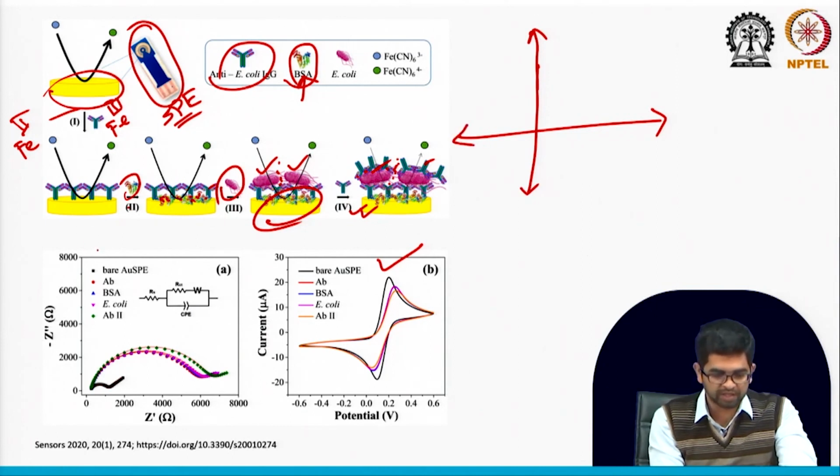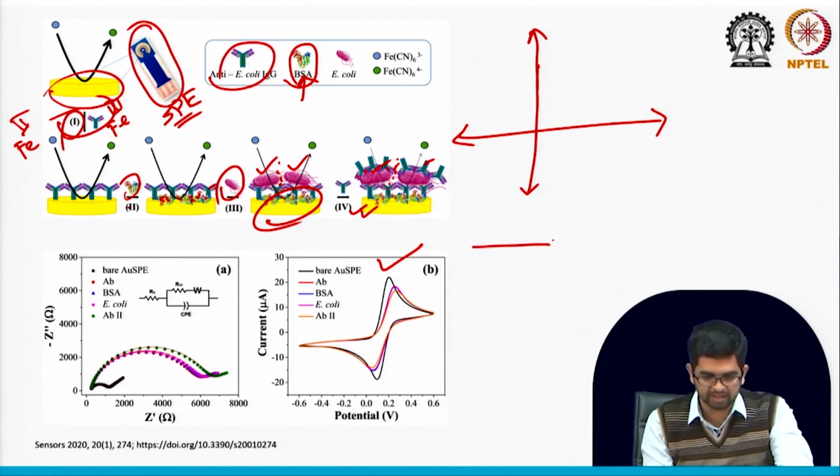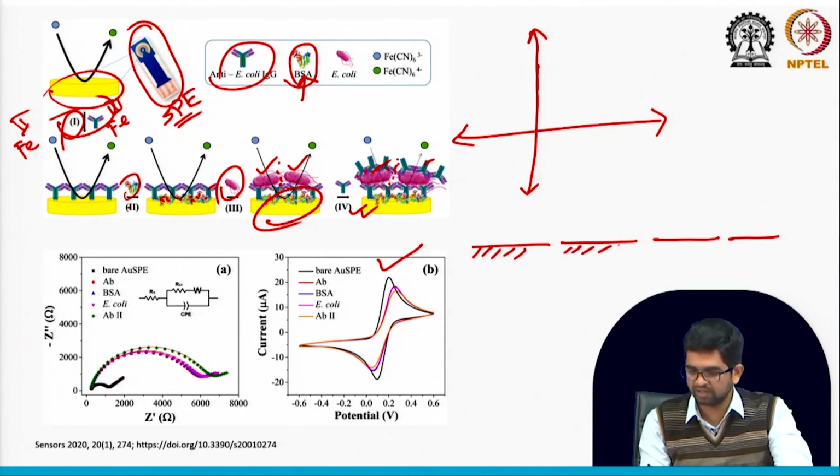Number 1 is just the bare surface, where potassium ferro-ferricyanide can easily transfer electrons. Then second is the antibody, third antibody plus BSA, fourth antibody, then the target. So these are your 4 electrode surfaces.